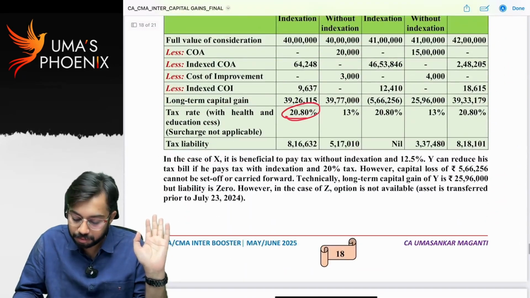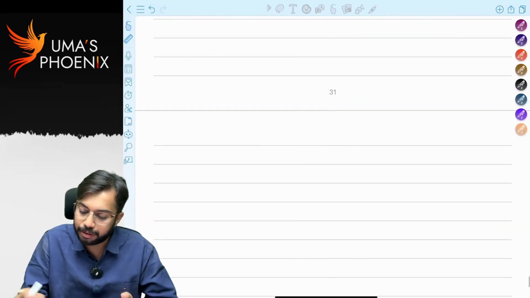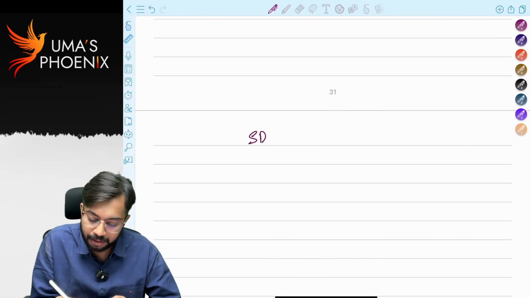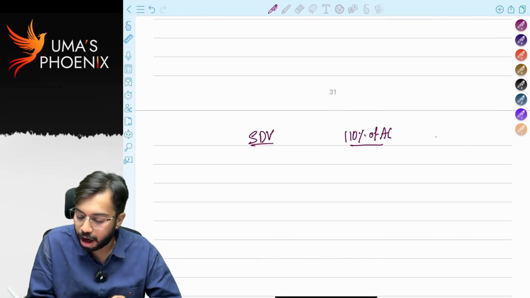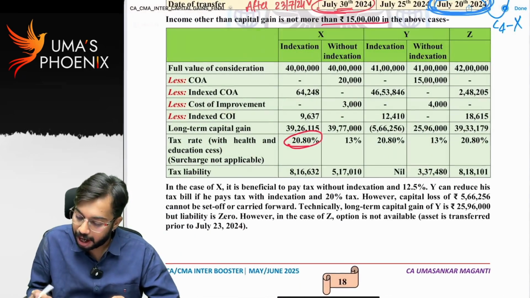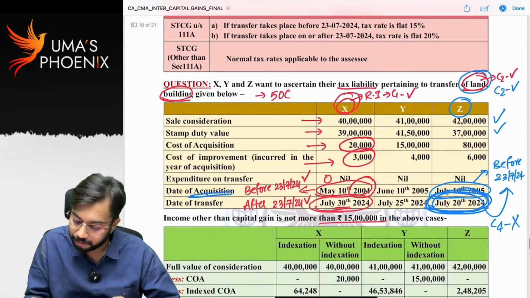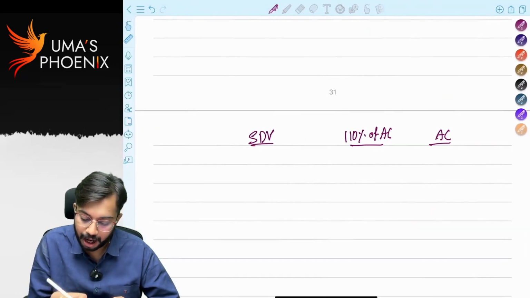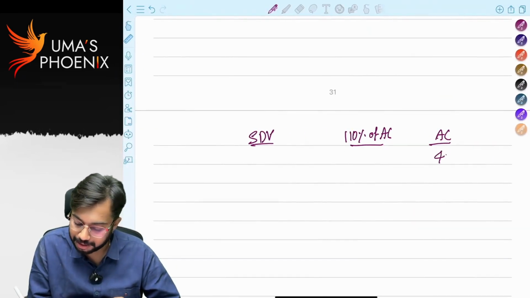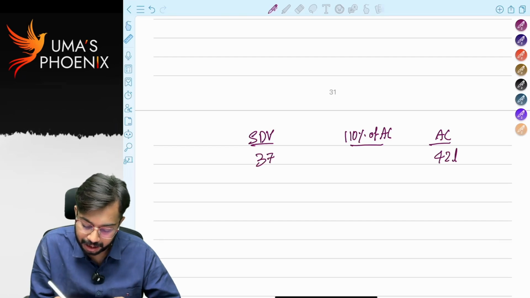That's how. So how much is stamp duty value? Stamp duty value we should compare with 110% of actual consideration. How much is actual consideration? Actual consideration is 42 lakhs. Stamp duty value 37 lakhs.